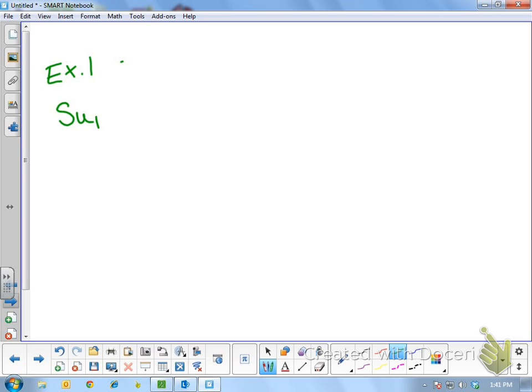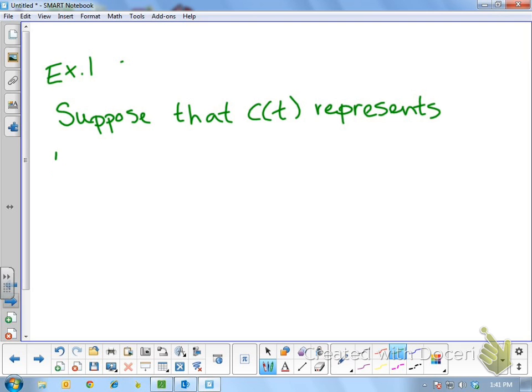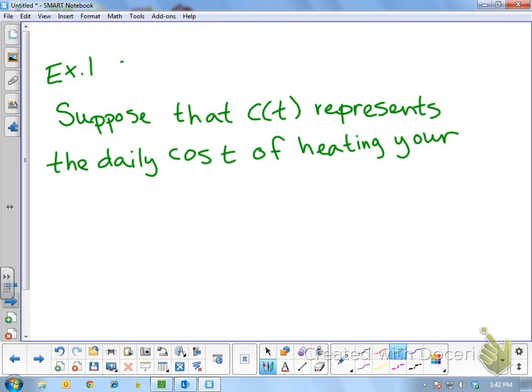Suppose that C of t represents the daily cost of heating your house, measured in dollars per day.